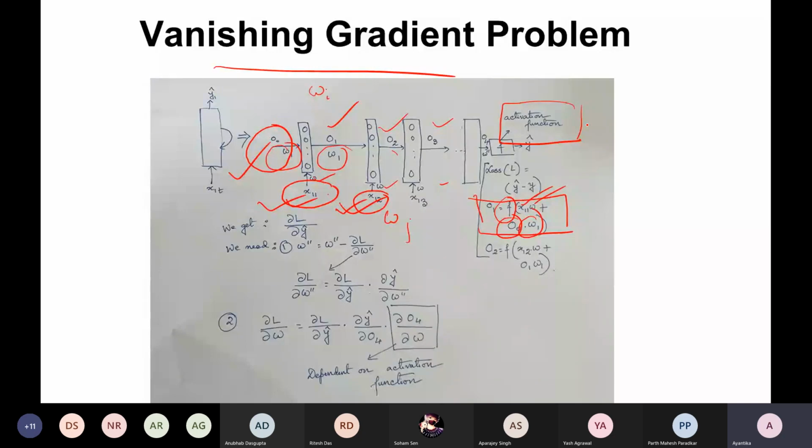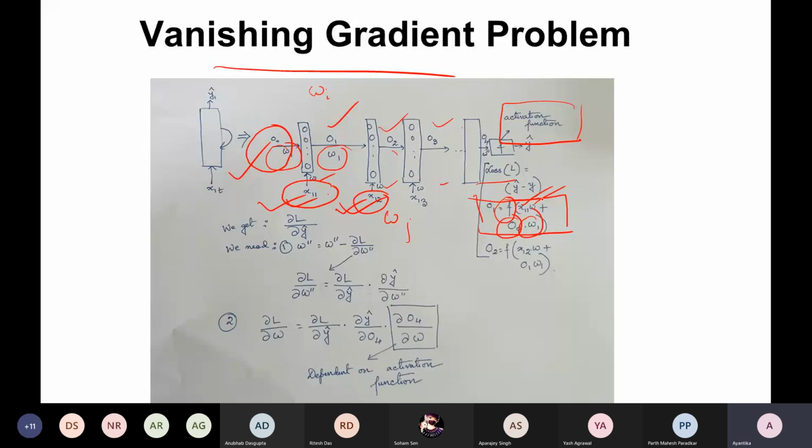You may choose a sigmoid, a tanh, or a softmax, whatever your requirement is. Now, in your training phase, you are interested to compute whether your predicted output is matching your actual output or not. If there is a difference, we compute this loss, that is, y hat, the predicted output, minus the actual output.